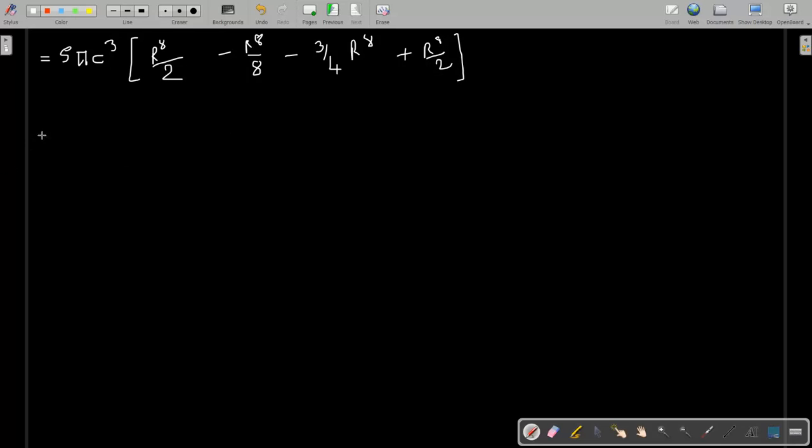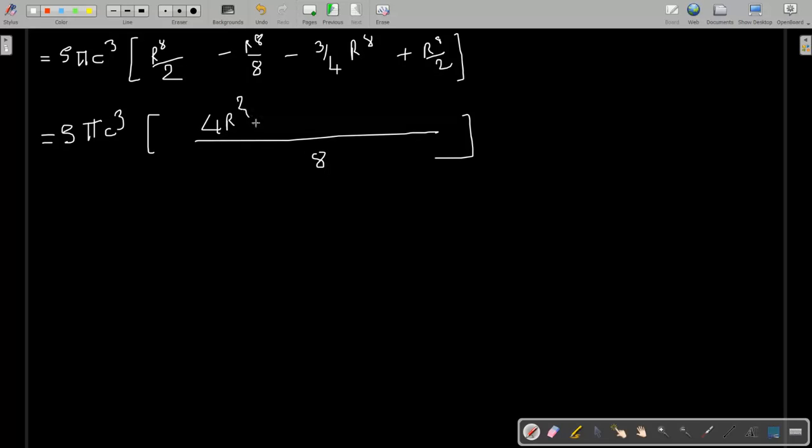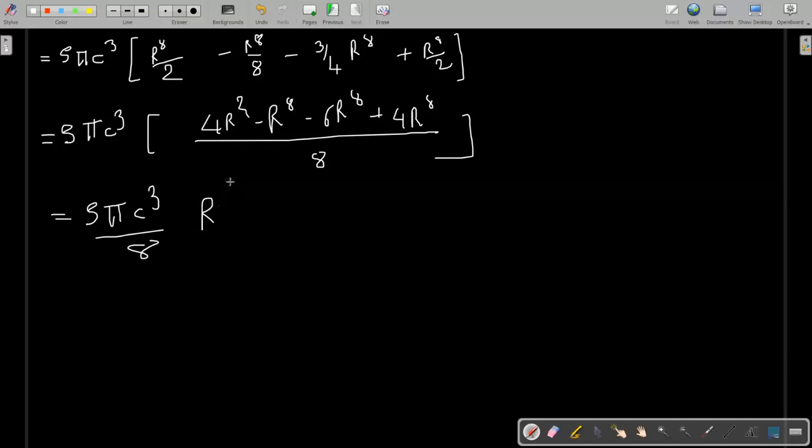Now take 8 as LCM, rho pi c cube. Take 8 as LCM, so it will become 4 times R raised to 8 minus R raised to 8 minus 6 times R raised to 8 plus 4 times R raised to 8. So this is 4 plus 4 is 8, minus 7, that means 1. So rho pi c cube by 8 into R power 8.